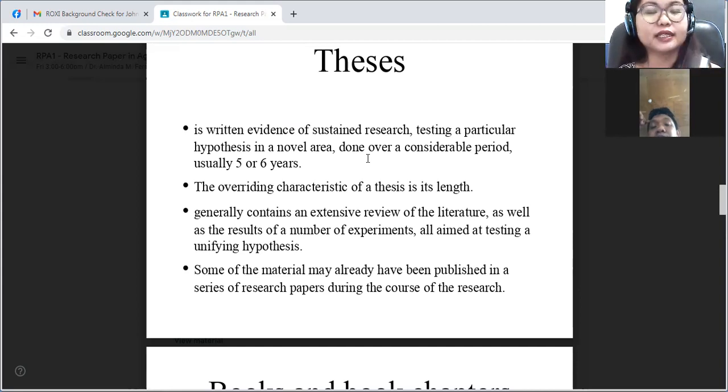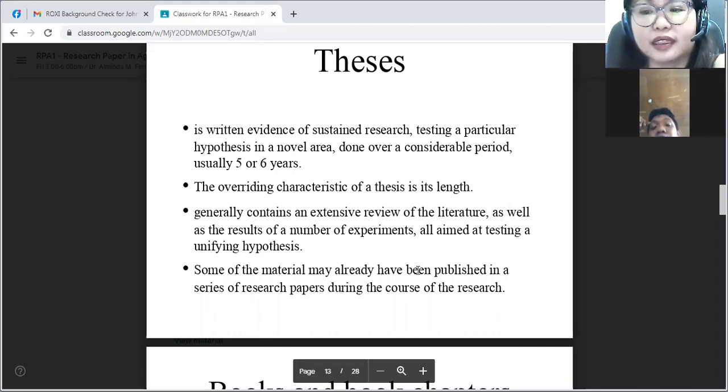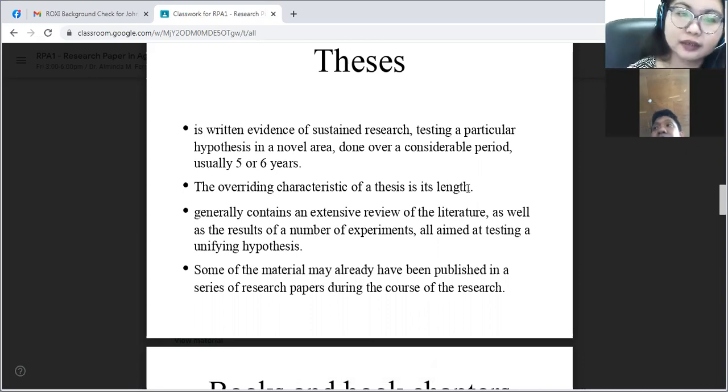But it is still something you bookbind, a written evidence of research or an experience done usually for a period of time. So it is called a thesis. It is usually lengthy, which is why it is bookbound, and contains an extensive review of literature and so on.